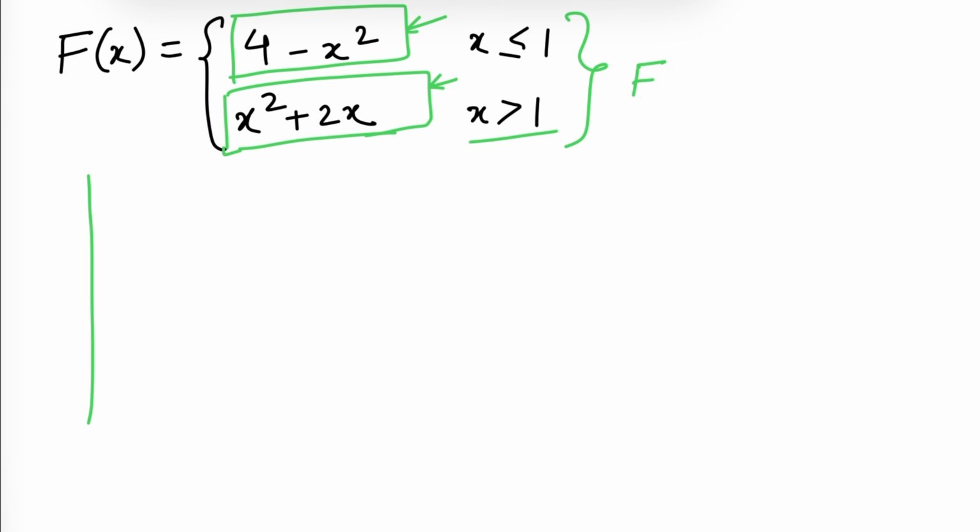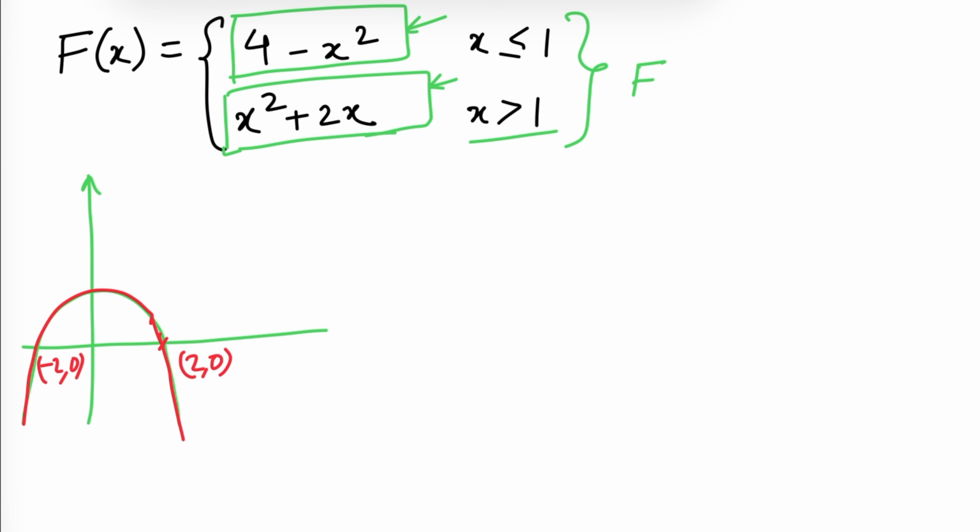So first of all, make the coordinate axis, and we have a graph of this particular function, which is from here to here. So this is a parabolic function. Here this point is 2 comma 0, and here it is minus 2 comma 0.